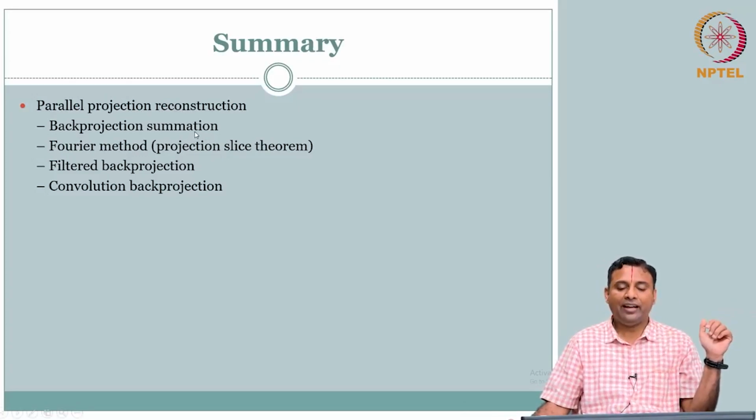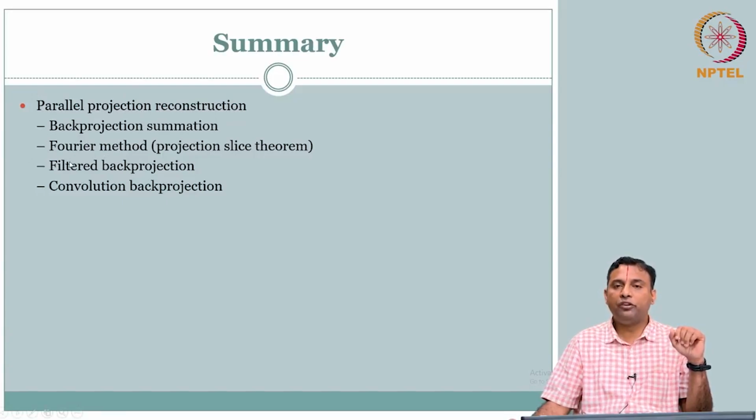But then we made it a little more formal because the images were blurry. We started looking at mathematical correctness, and then we noticed there is a projection slice theorem, which was a Fourier method, but we said this is not that popular.